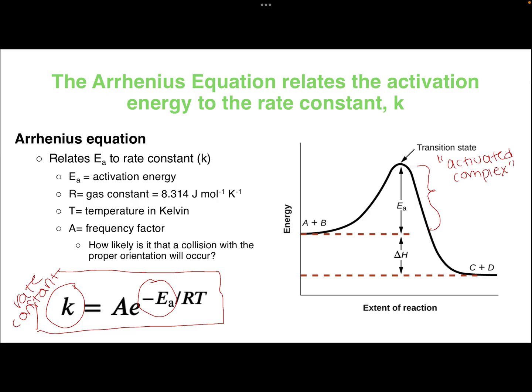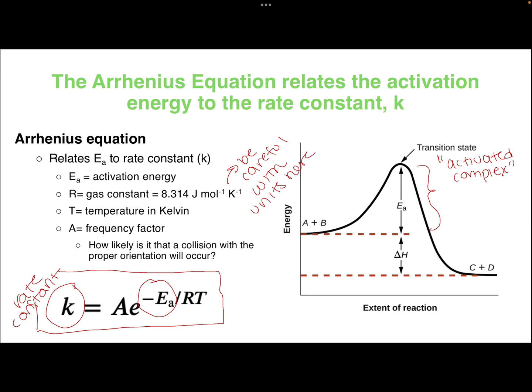K is our rate constant. R is our gas constant. Typically, that's going to be 8.314 joules per mole Kelvin, but just be careful with your units here, because that might not always be the case.